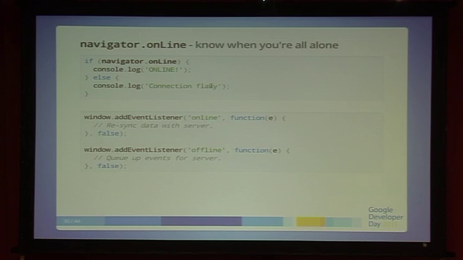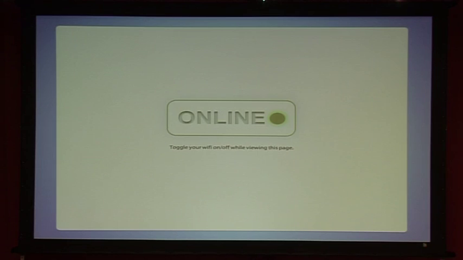And here is another nice feature for offline applications. navigator.onLine is a simple property of the Navigator object that lets you know if you're online or not. And you also have online and offline events on the window object for when you go online or offline. Here's a small demo of that.